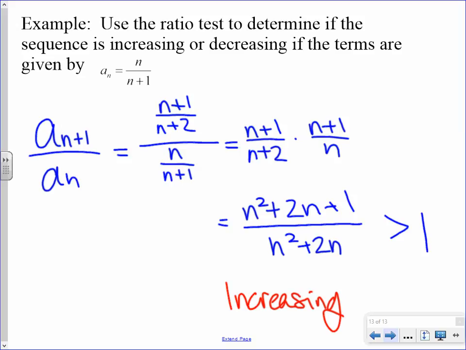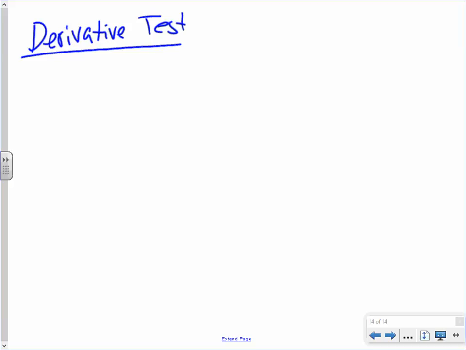And last but not least, let's do the derivative test. Basically you want to write that your function f of n is n over n plus 1.